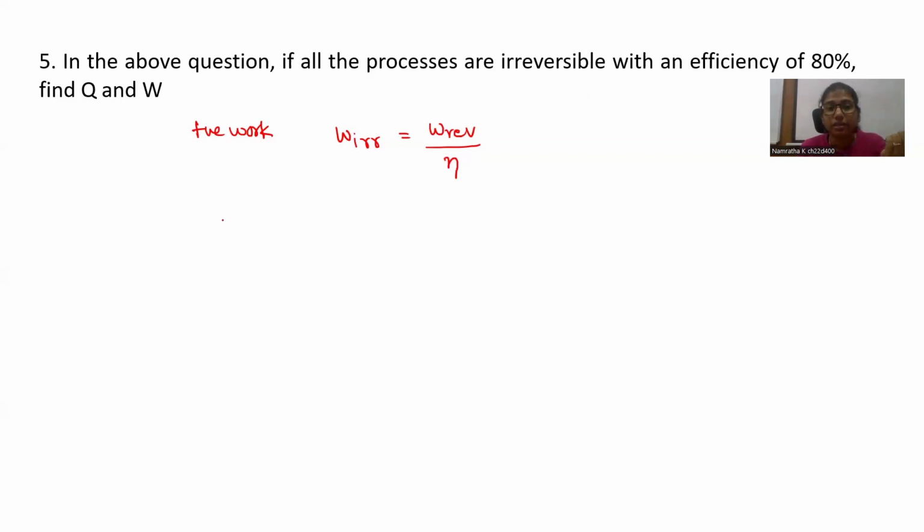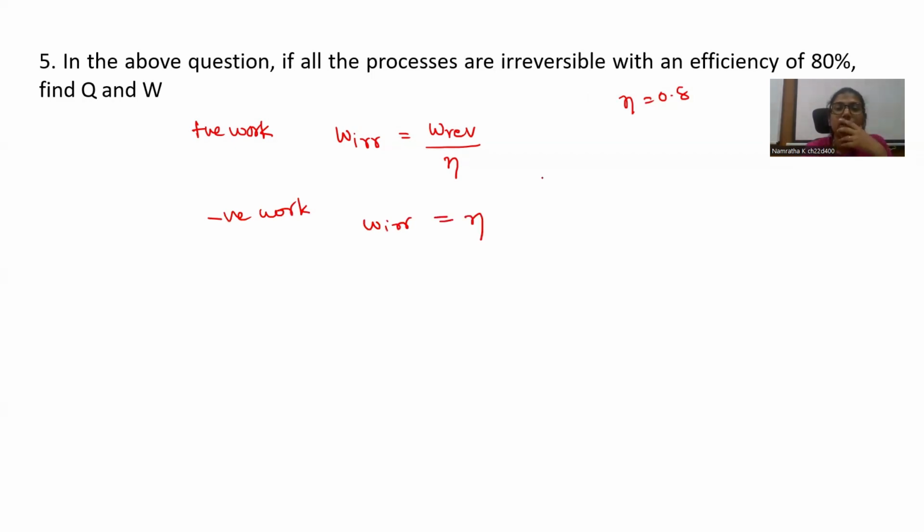And if it is negative work, if it's done by the system, as if we are getting work from the system, so efficiency is less, 80%. It means it is giving lesser work. We want 100 work, but it is giving only 80 of the work. So that's how we define work irreversible is equal to eta into work reversible.